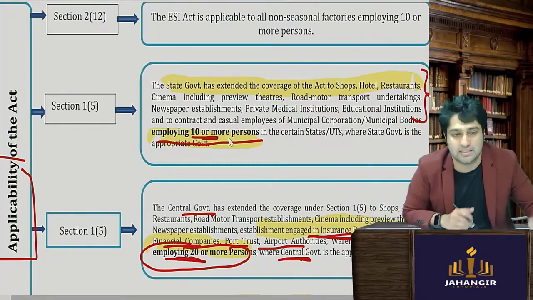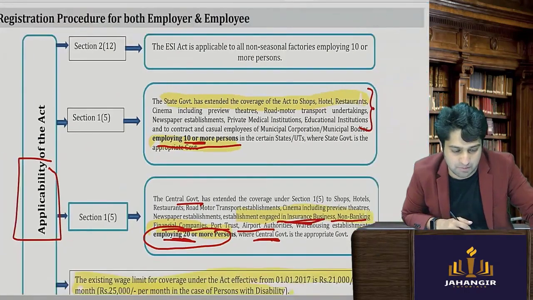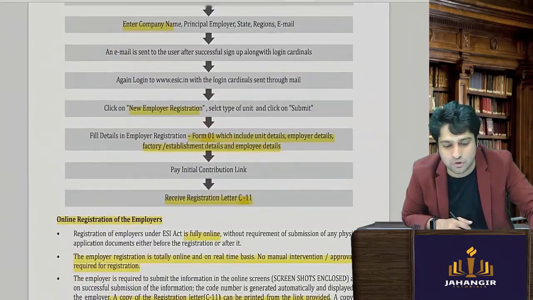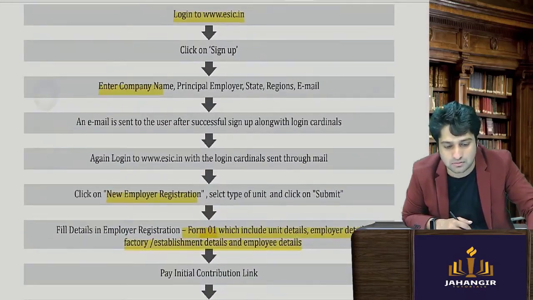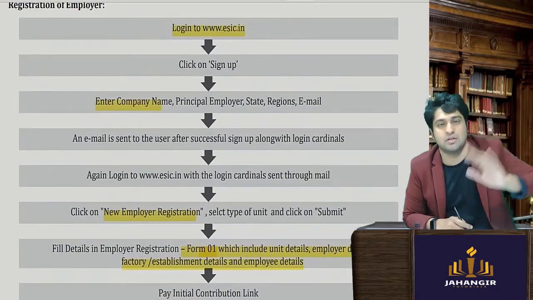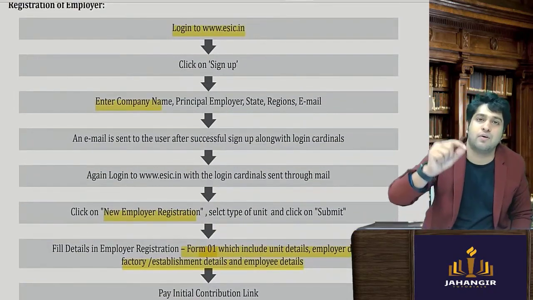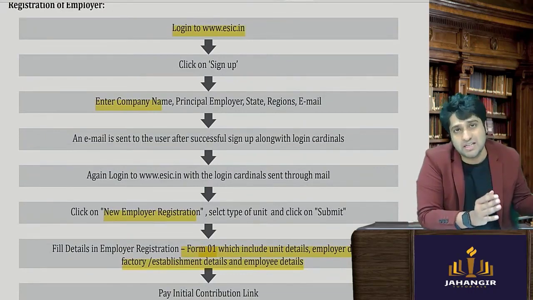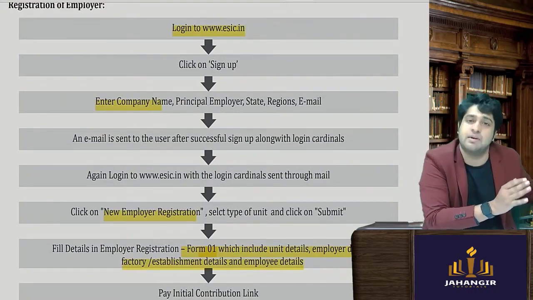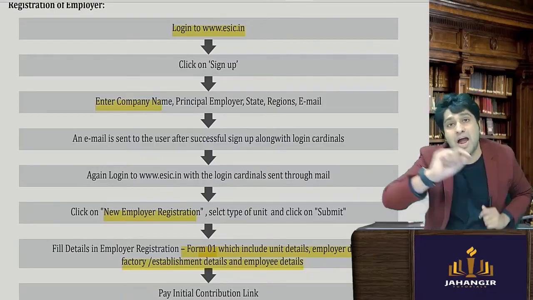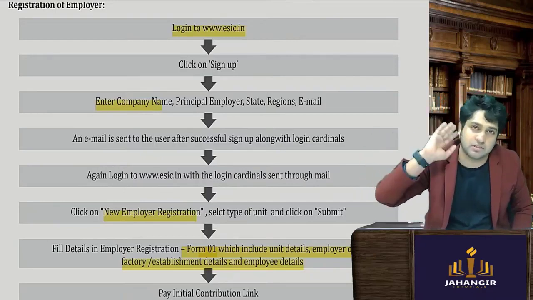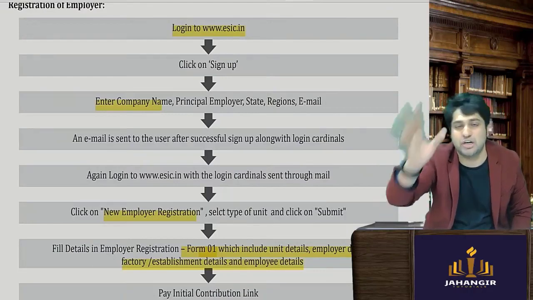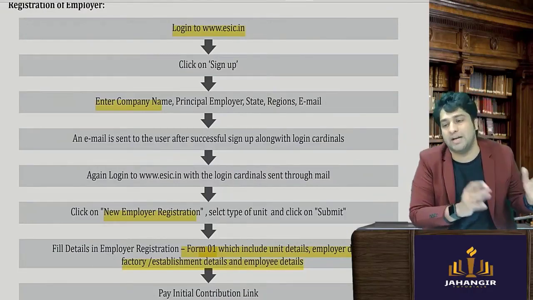I don't believe they will ask this kind of thing, but we should remember 10 and 20. And if you don't remember the industry and they ask, you will write 10 or more employees or workmen for the industries prescribed under the schedule, and 20 or more persons for the industries prescribed in the schedule by the appropriate government.